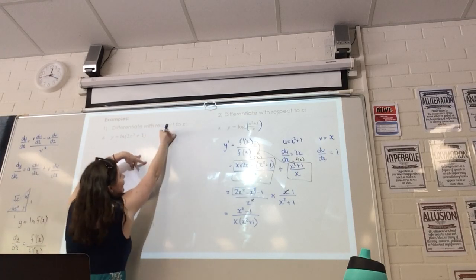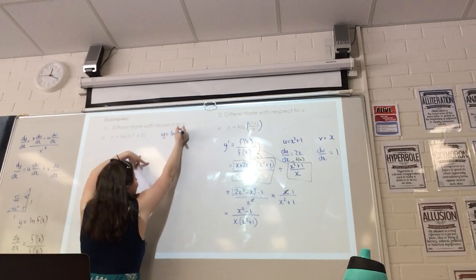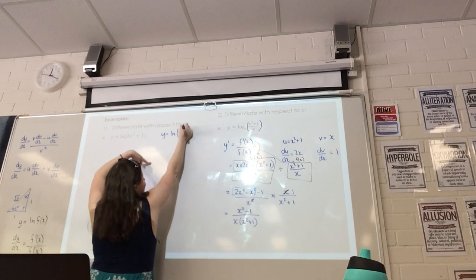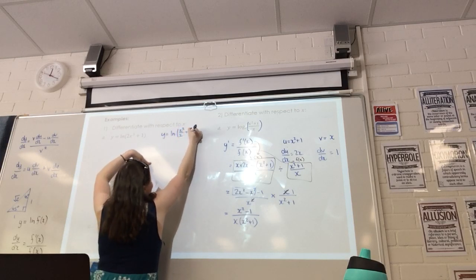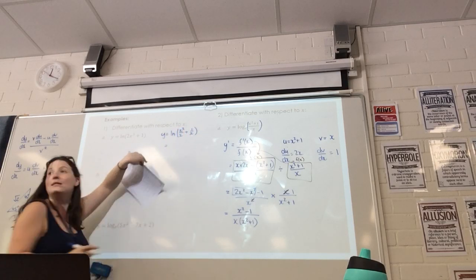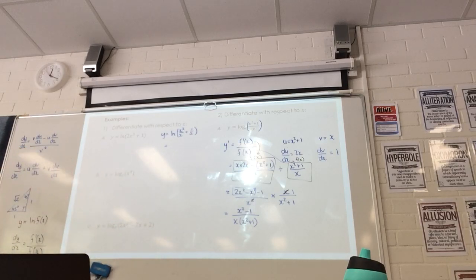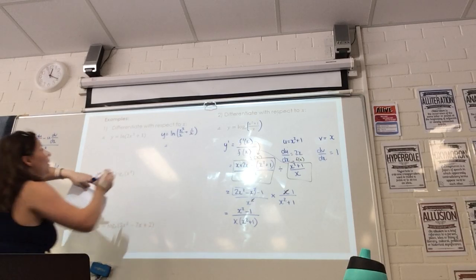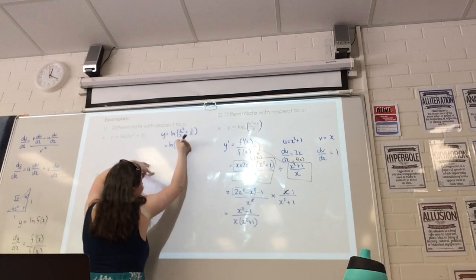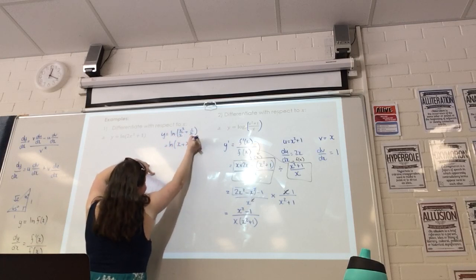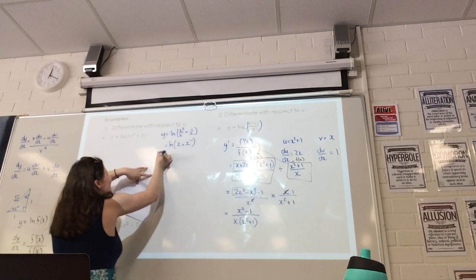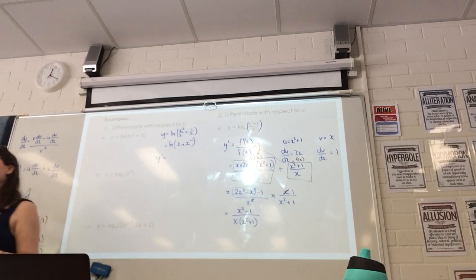Now let's do the same question, but I'm just going to think about it differently. We're okay with this? I'm breaking up my fraction. So x squared on x is x, and this is x to the negative 1. This is much nicer.